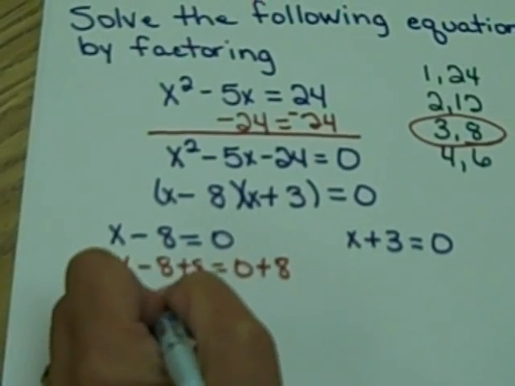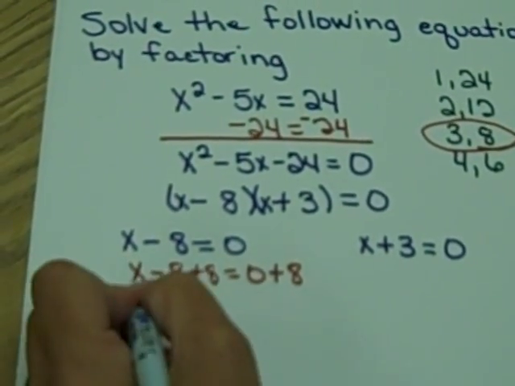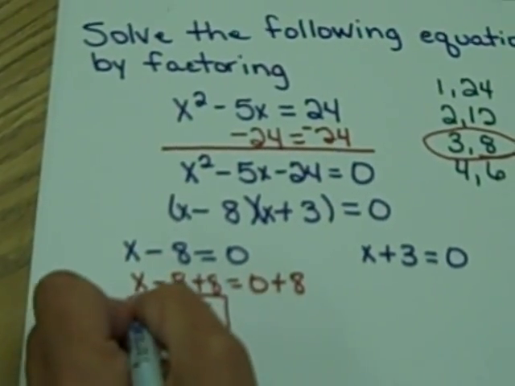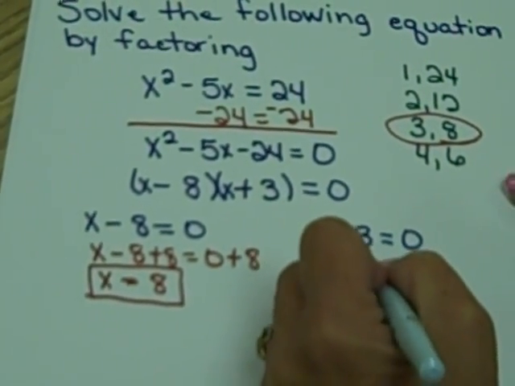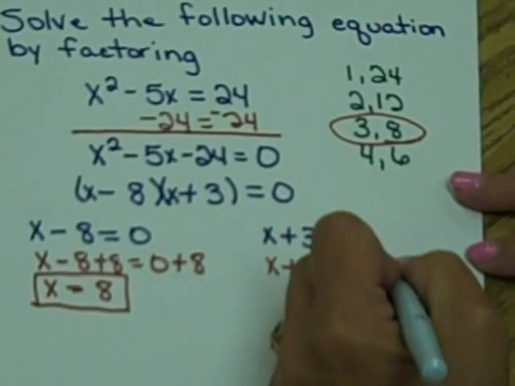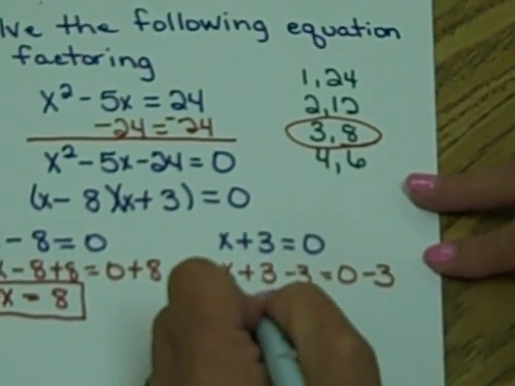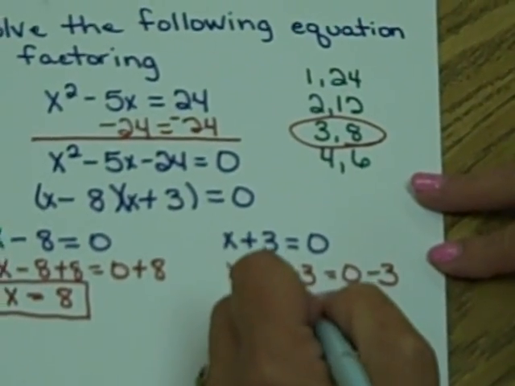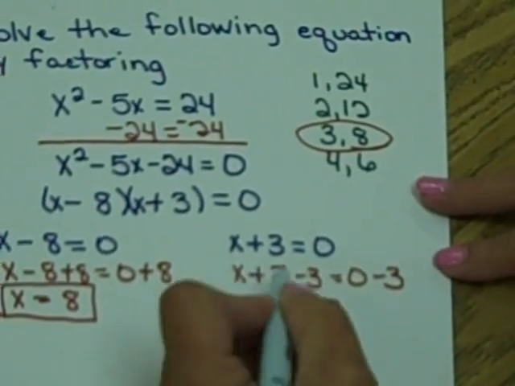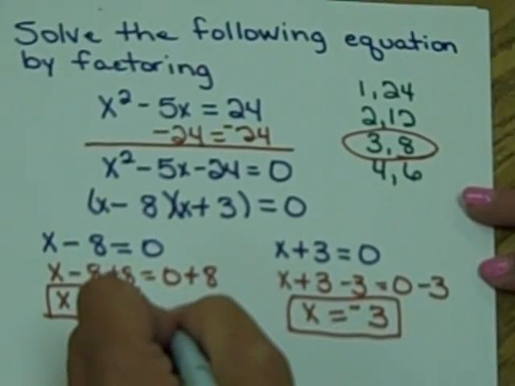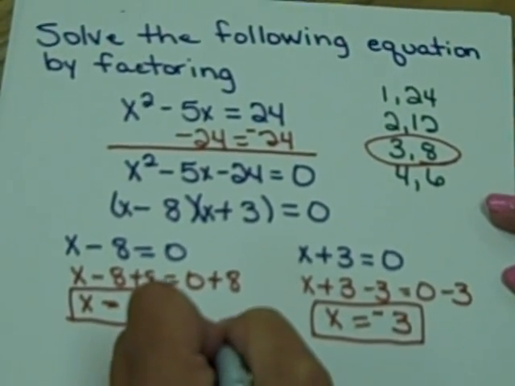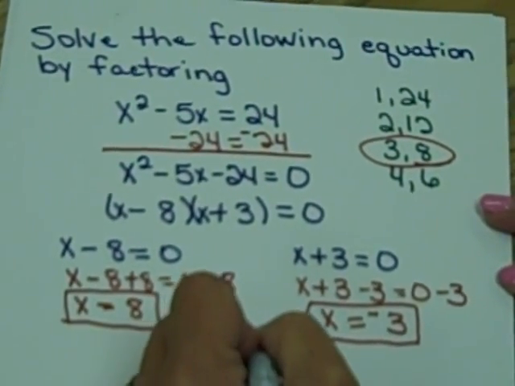X equals 8. And this is the answer for this set. X plus 3 minus 3 equals 0 minus 3. X equals minus 3, or negative 3. So our answers here, or our solution set, is 8 and negative 3.